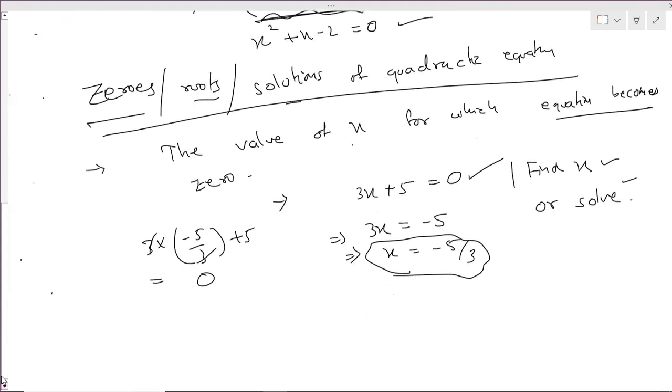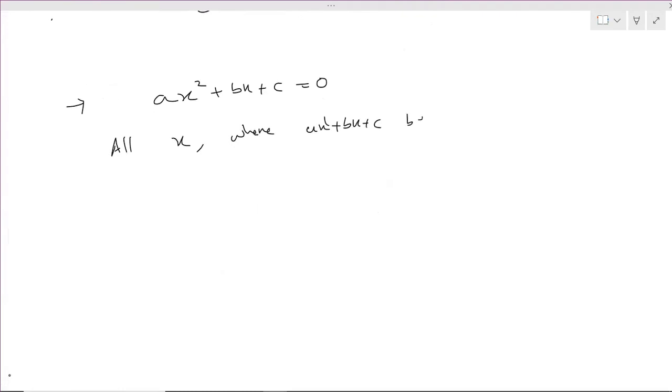So in a quadratic equation, that will mean the same thing. All x where ax square plus bx plus c becomes 0 is the solution of the quadratic equation.